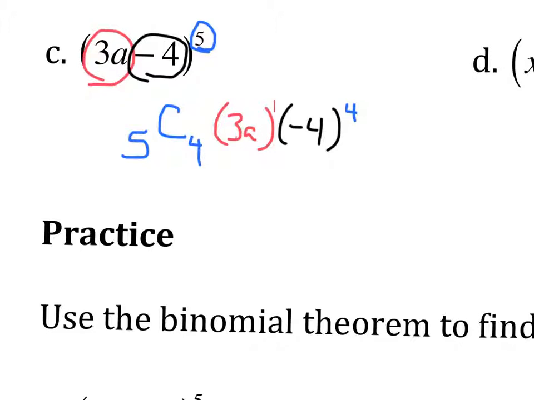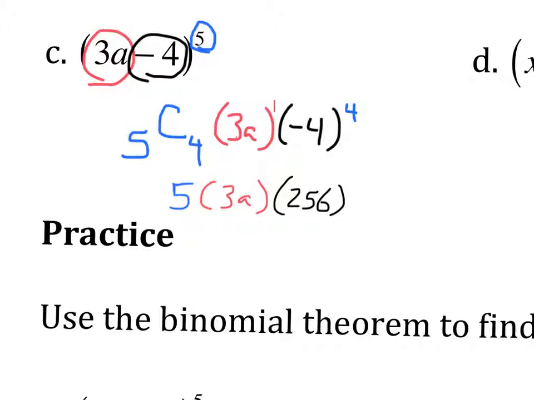Okay, so 5C4. Remember that 5C4 and 5C1 are the same. So 5C4 becomes a 5. 3a to the first power is 3a. And negative 4 to the fourth power, a negative to the even is positive. And 4 to the fourth is the same thing as saying 16 squared, 256.